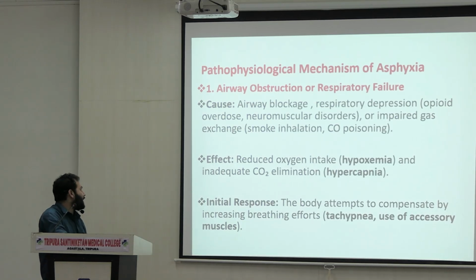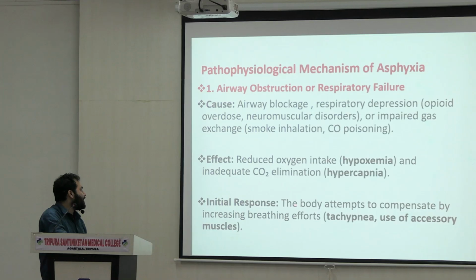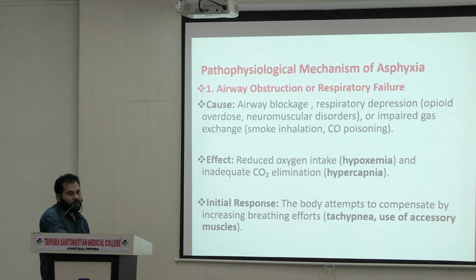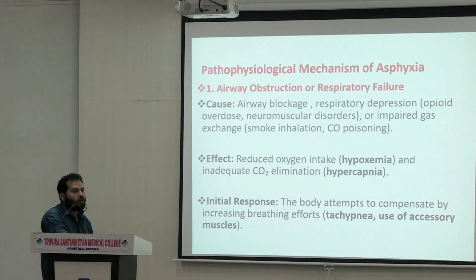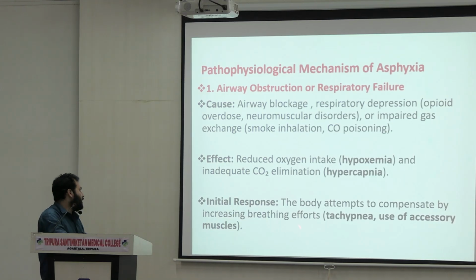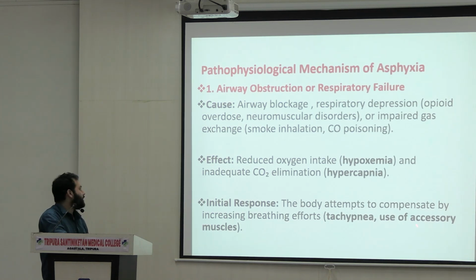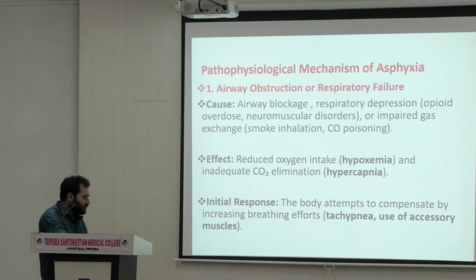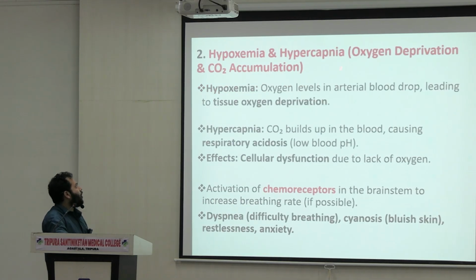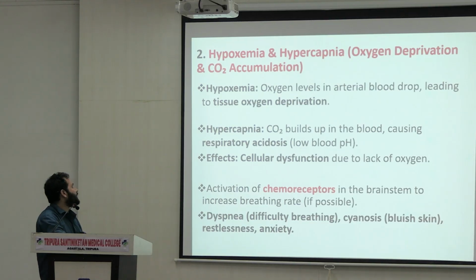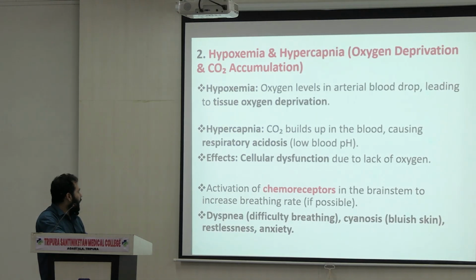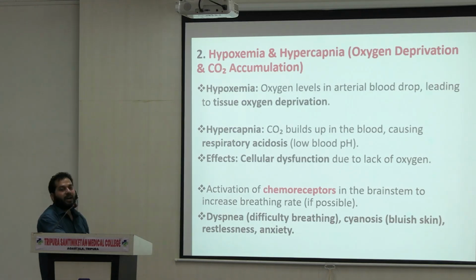So what is the initial response? The initial response is the body attempts to compensate by increasing the breathing effort, right? So here increasing the breathing effort involves some muscles. These are called accessory muscles. Now another important thing here is oxygen deprivation and carbon dioxide accumulation. See, as I already mentioned, the development of hypoxemia and hypercapnia, both of these lead to cellular dysfunction.